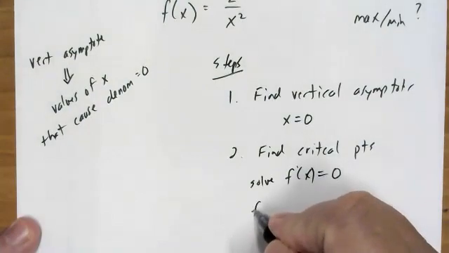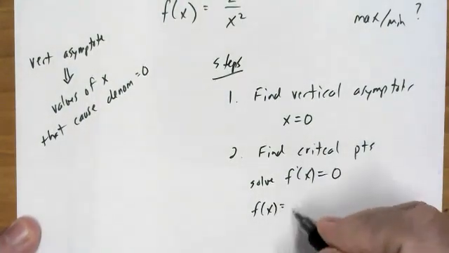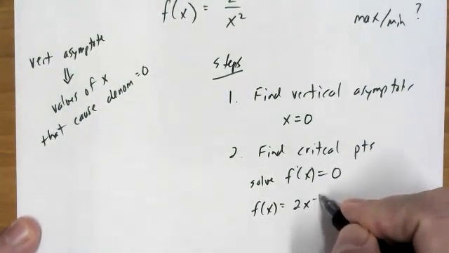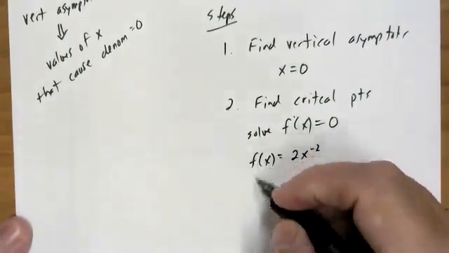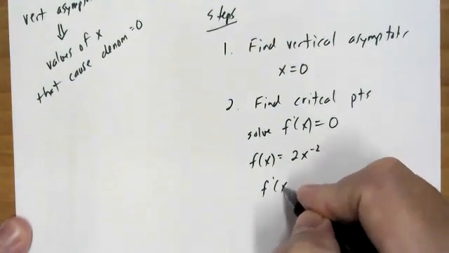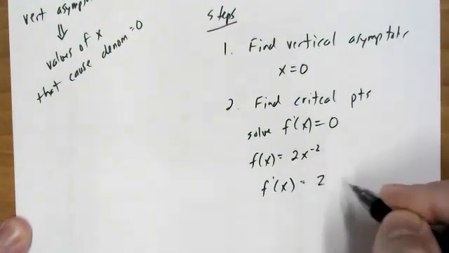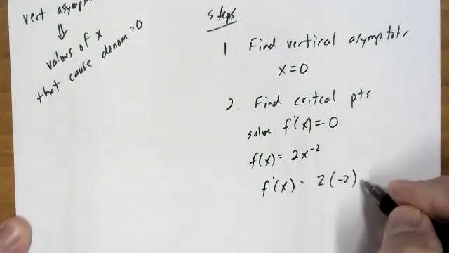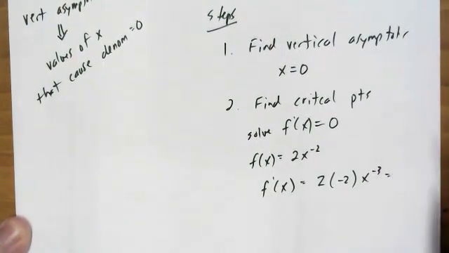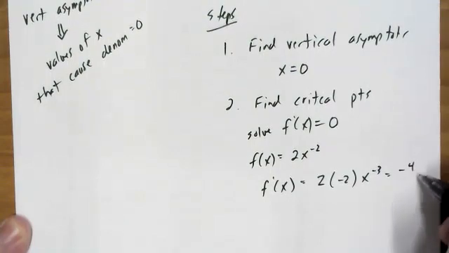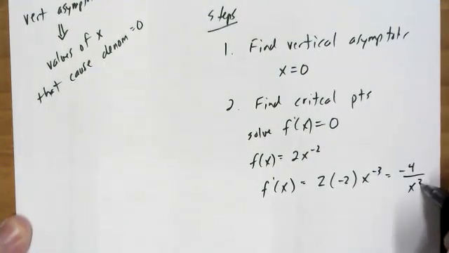Let's rewrite it. We could use the quotient rule, but how about I write it like this, and maybe I can use the power rule. So the first derivative is: bring the -2 down front and you subtract 1. It looks like -4 over x cubed.